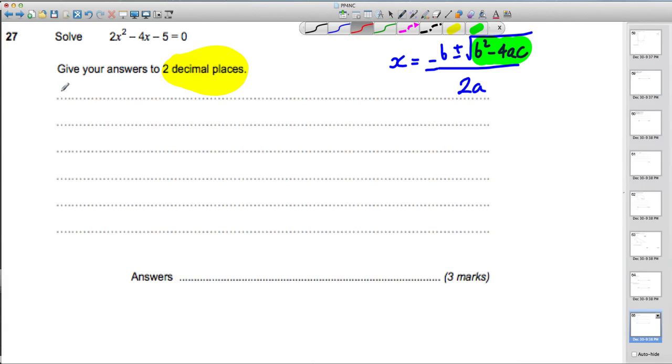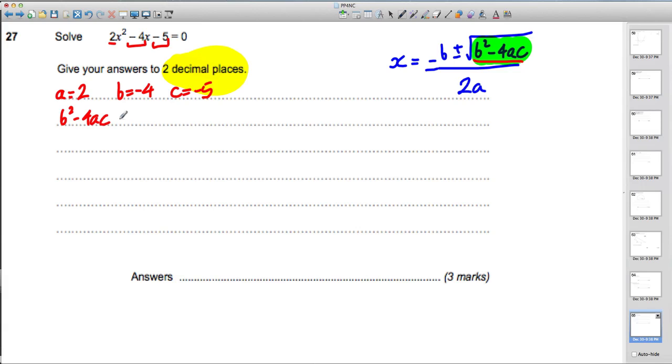So state your a, b and c. A is 2, b is, be careful, negative 4, and c is, again be careful, negative 5. First things first, work out b squared minus 4ac. That means negative 4 squared, substitute into brackets, subtract 4 brackets, a is 2 brackets, c is negative 5.